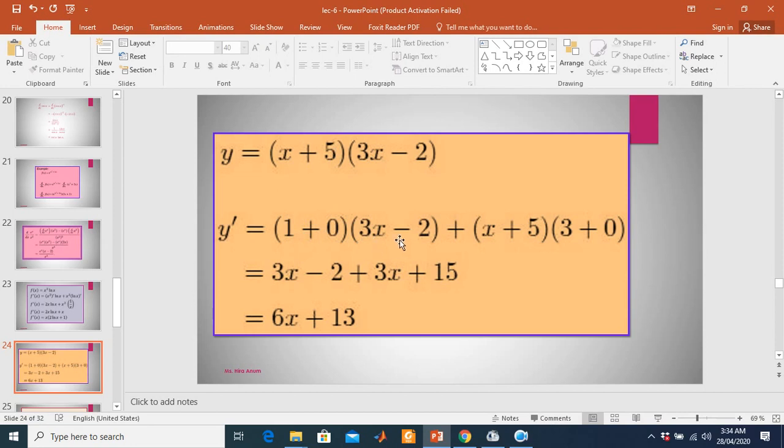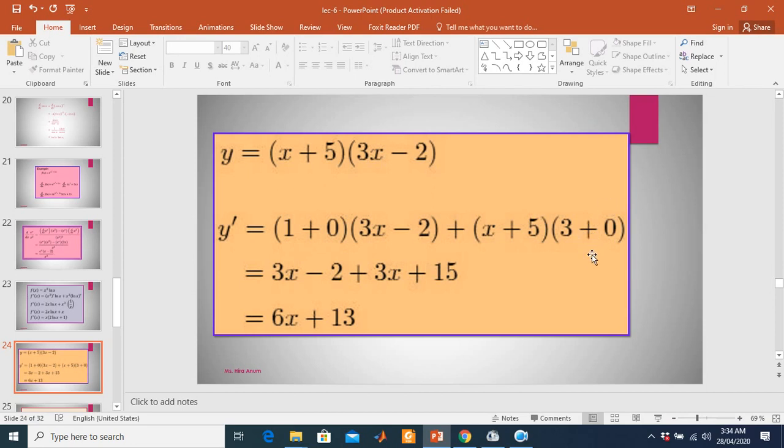Second as it is, 3x minus 2, plus first as it is, the second's derivative. The derivative of 3x is 3. When we take the derivative of 3x, x to the power 1 minus 1 equals x to the 0, which equals 1. So it is 3 plus 0.